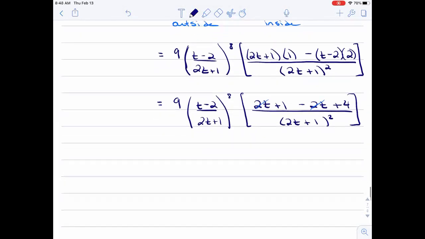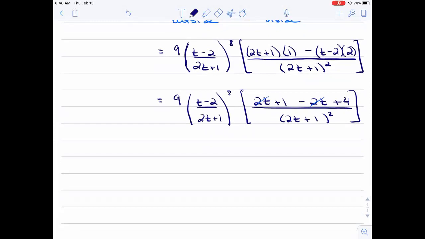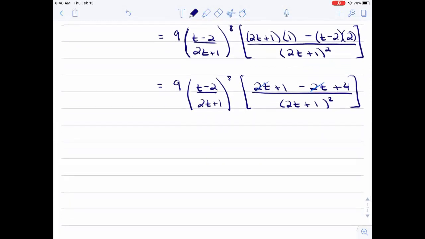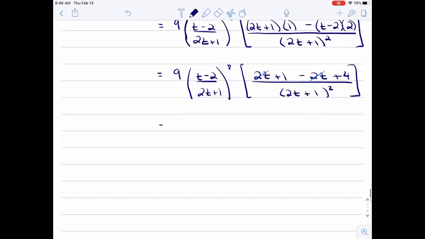But also, I've got the 2t plus 1 and 2t plus 1 to different powers. So what I'm going to do is I'm going to work at trying to consolidate those because I actually can collect those in the denominator, right? And so what I can do is I can rewrite this as 9 times t minus 2 to the 8 over 2t plus 1 to the power of 8.